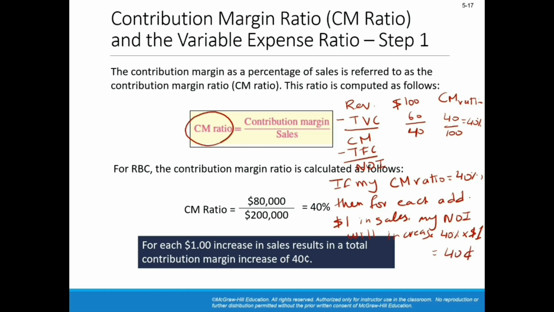This is the importance of knowing the CM ratio.